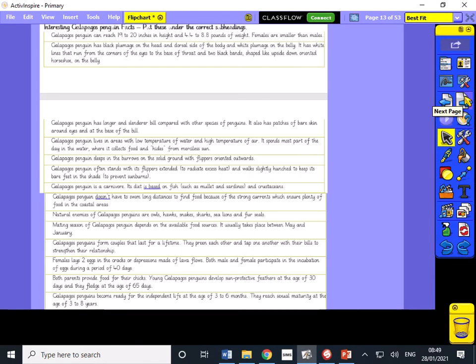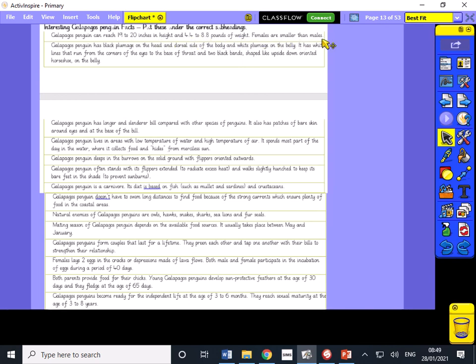Anyway, right at the very end of the fact file on Galapagos penguins are some interesting Galapagos penguin facts. Okay, so the reason I've done this is for you to put them under the correct subheadings, and to also not repeat yourself. So for example, this first one: Galapagos penguins can reach 19 to 20 inches in height and 4.4 to 8 pounds of weight.